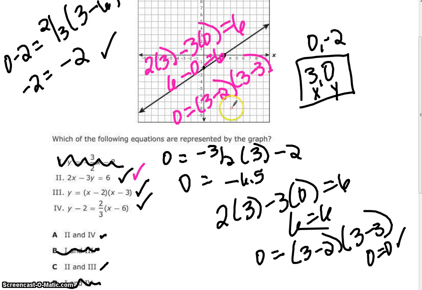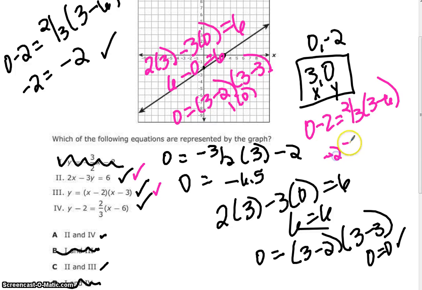And that's 1 times 0. So that one is still looking good. So now for the fourth one, 0 minus 2 is equal to 2/3 times 3 minus 6. -2 is equal to 2/3 times -3. And that is still good. So all 3 of those, I did the work right. I didn't make a mistake.